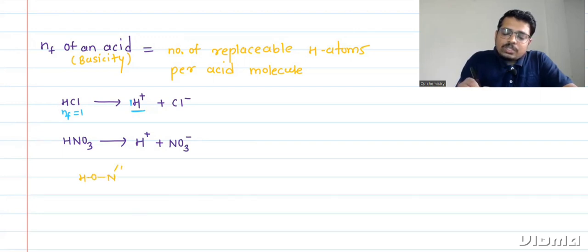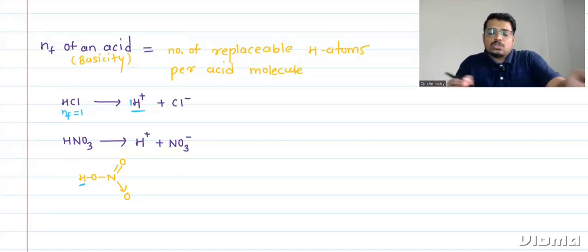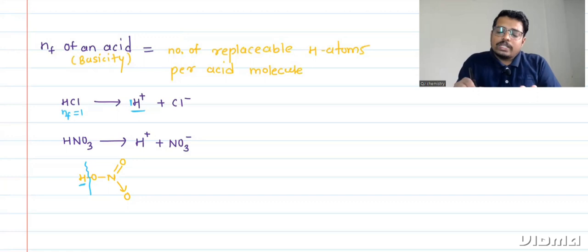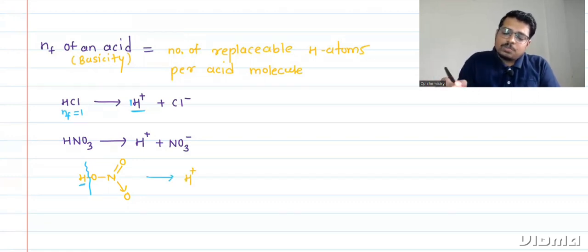In the HNO3 molecule, an OH group is bonded to the nitrogen atom, and this hydrogen atom from HNO3 is acidic. So on dissociation of this HO bond, what will happen? On dissociation, we'll get H+ ion plus nitrate ion formation takes place.